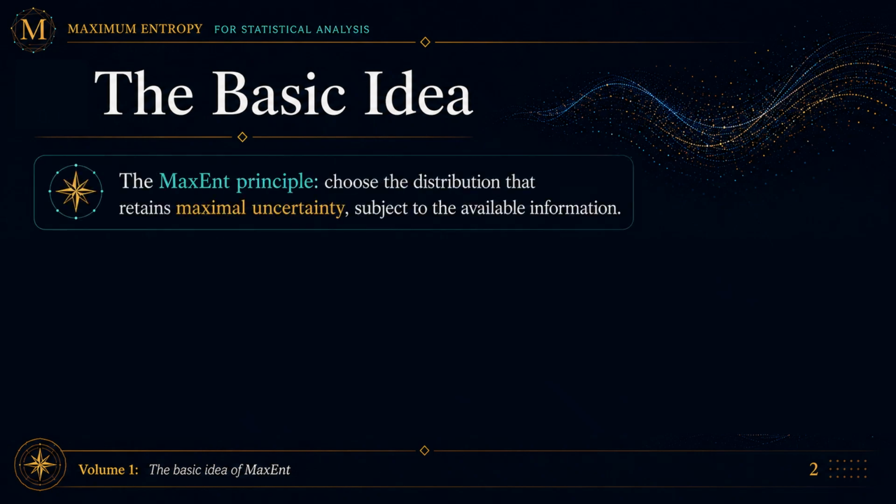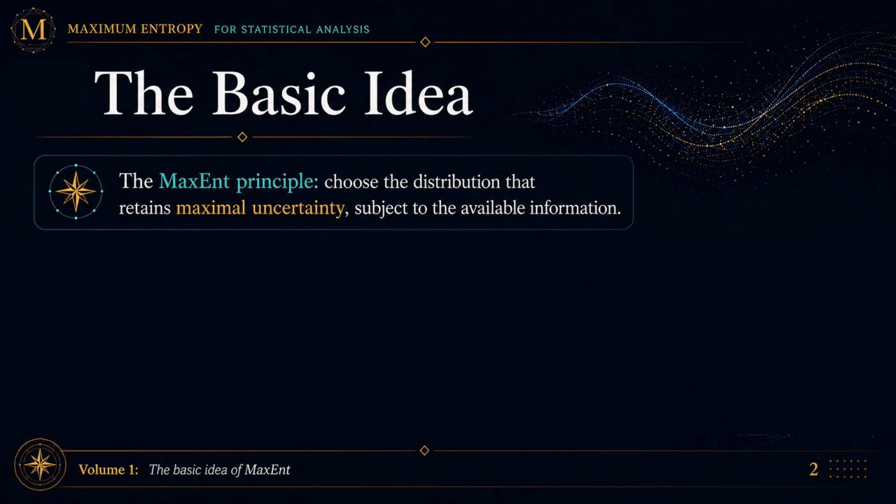Okay, so the basic idea behind maximum entropy, which we discussed a little bit in the preface video, is to maximize entropy, unsurprisingly, which is a measure of uncertainty, subject to the information that is contained in our data, as well as certain selected restrictions. By restrictions, I mean features of our data or our data generating mechanism that we at least conditionally assume to be true. And we'll look at these restrictions in more depth as we go along.